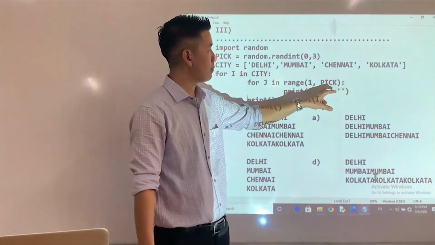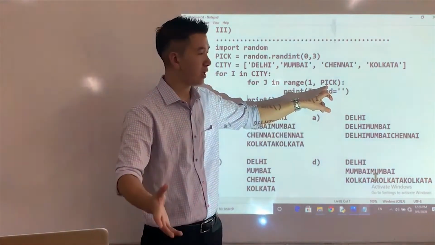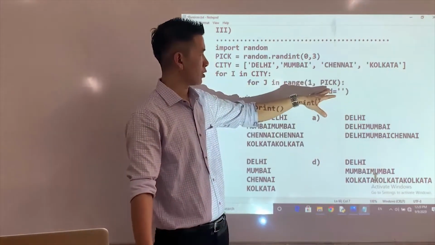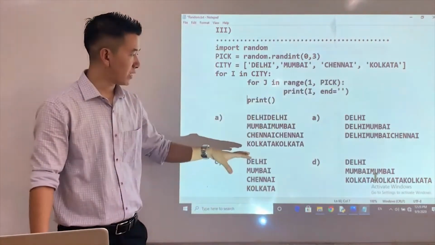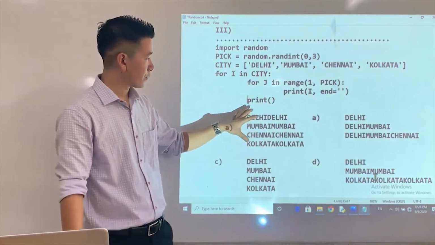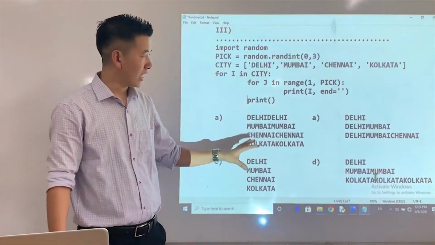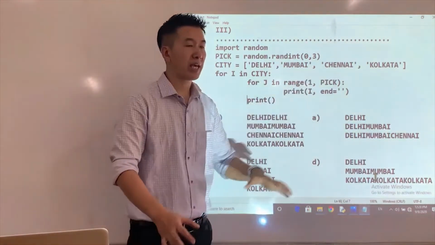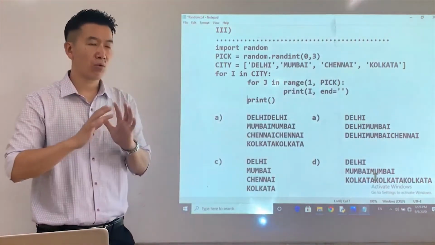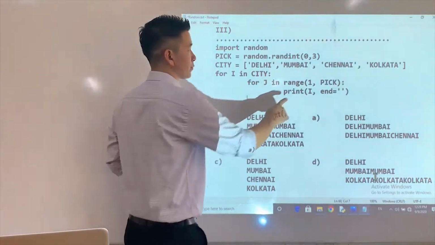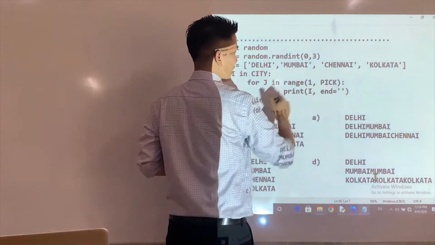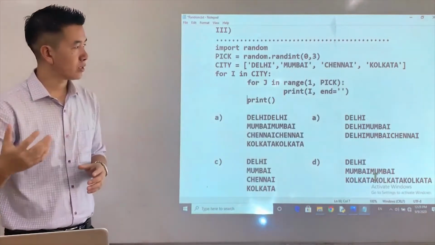So for the value of pick as 0 and 1, you will have no outputs. But we have 4 possible outputs with values. So that means the value of pick cannot be 0 and 1, but it could be 2 and 3. Okay, it could be 2 and 3.